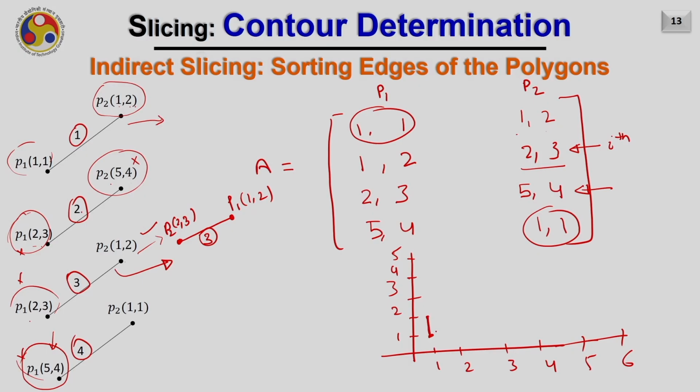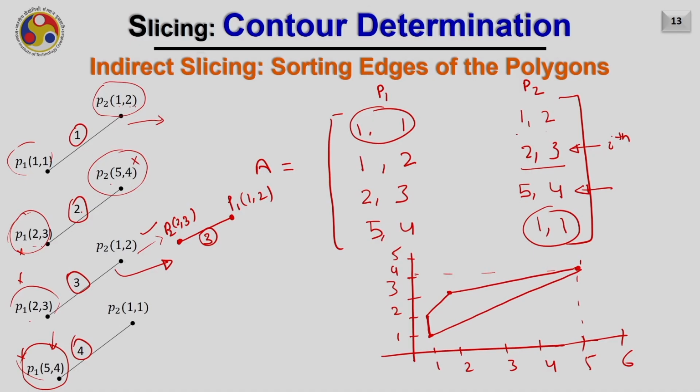Next line consists of 1 comma 2, that means this point, and 2 comma 3. 2 comma 3, that means somewhere here. And now the next line is 2 comma 3, that means this point, and 5 comma 4. 5 comma 4 is here, 5 and 4. So, like this. Then next line is 5 comma 4, that is this point, and 1 comma 1.